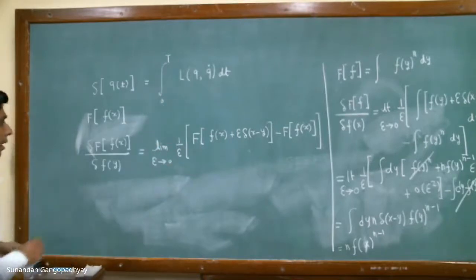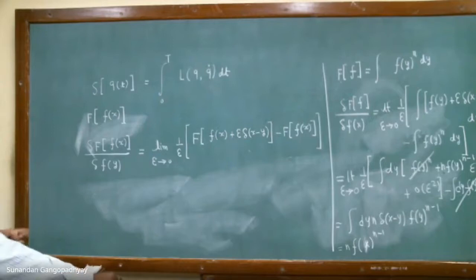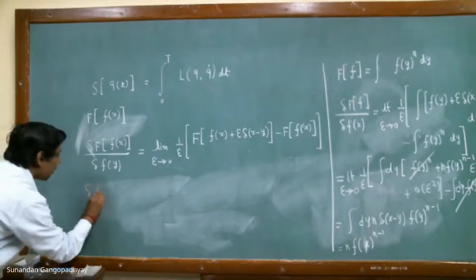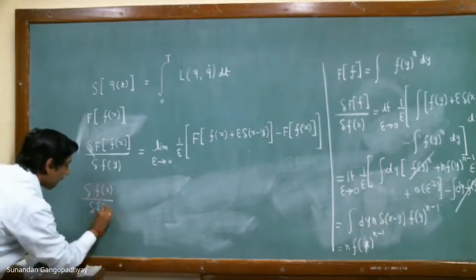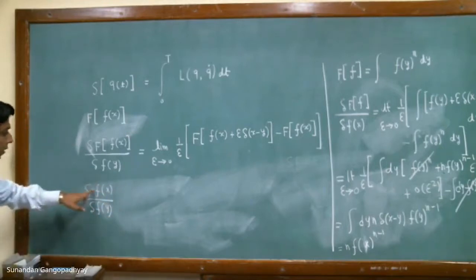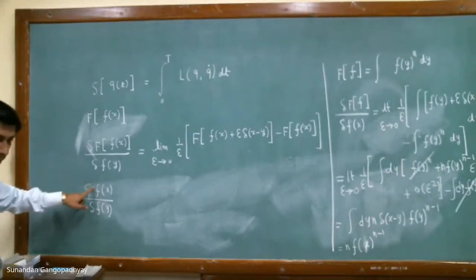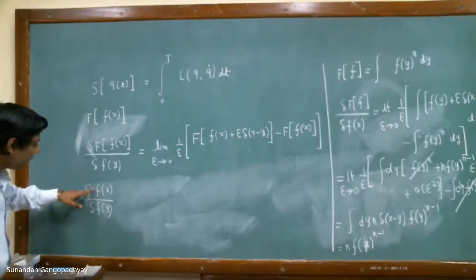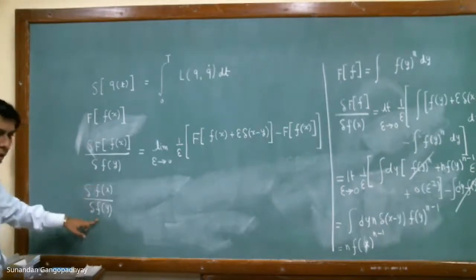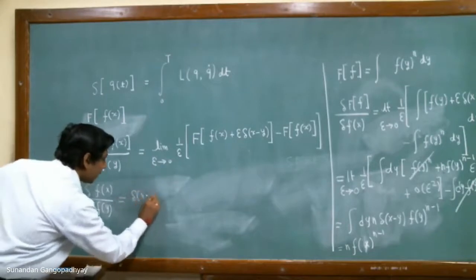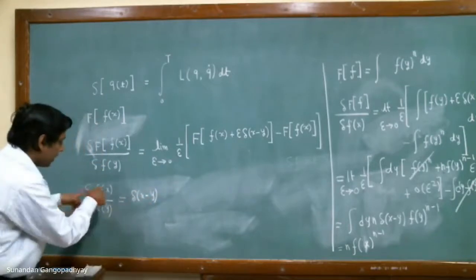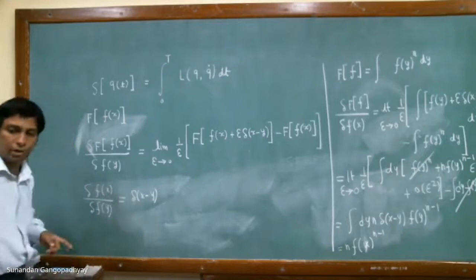Let us do a quick calculation here. You remember that in the previous lecture, I used the following relation. I used delta f of x. So now you see, this is no more a functional, this is rather a function. So if I take a functional derivative of a function with respect to a function, I used this: delta f of x over delta f of y is equal to delta function.